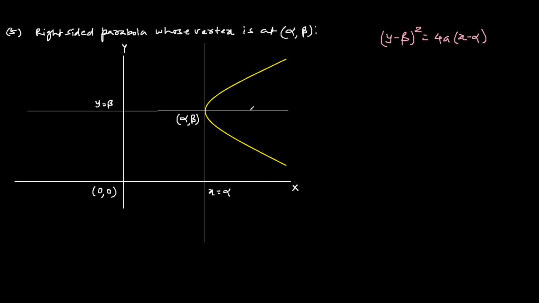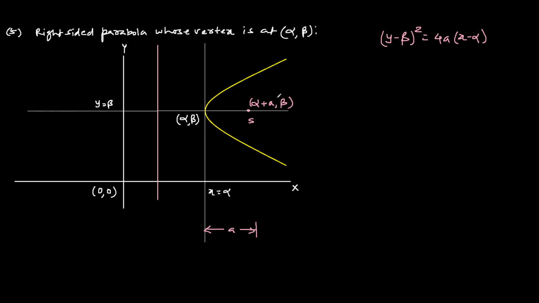Now its focus is S, and we know that the distance of the focus from the vertex is a. So the coordinate of the focus has to be alpha plus a comma beta. The directrix is a straight line perpendicular to the axis. Here the axis is y equal to beta.